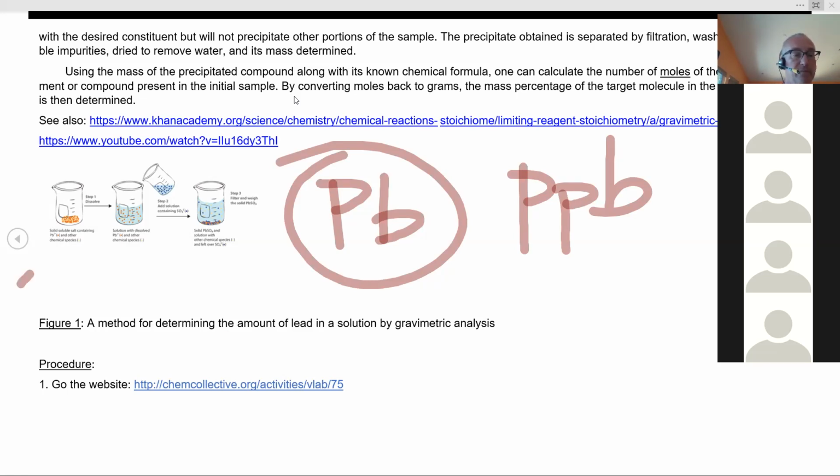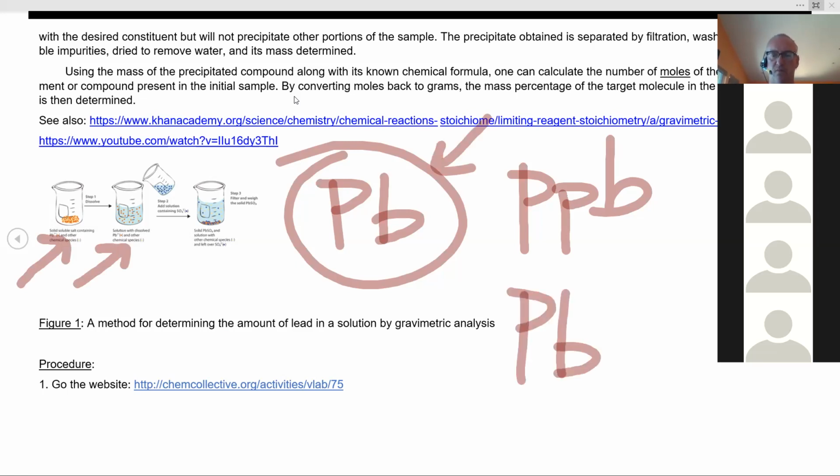So here you've got a chemical that contains lead. You dissolve it in water. So now it's in solution. When something's in solution, the lead goes from being this to being this. And then right next to it, we put this little AQ.